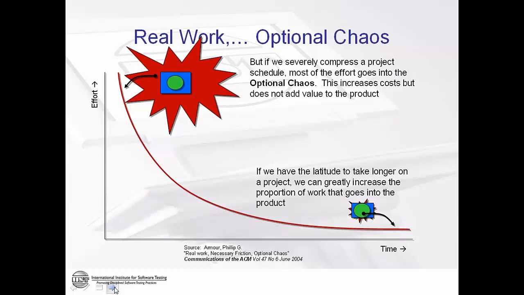We might have a reflex reaction of throwing anybody we can grab on it, or multitask as much as we can because another project's in trouble and they need our help from another team. We create a level of chaos that works its way right into the code. And that's where QA then suffers.